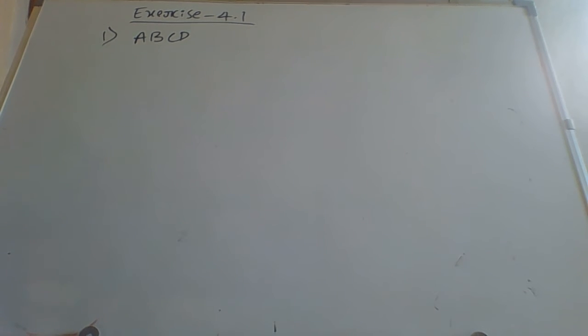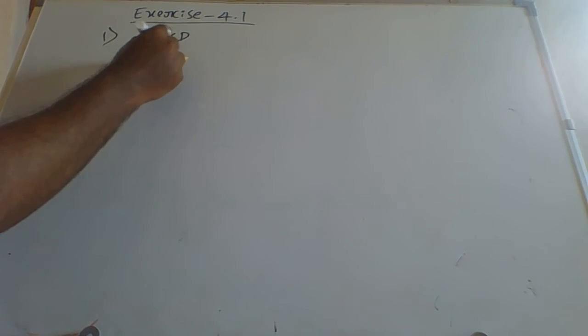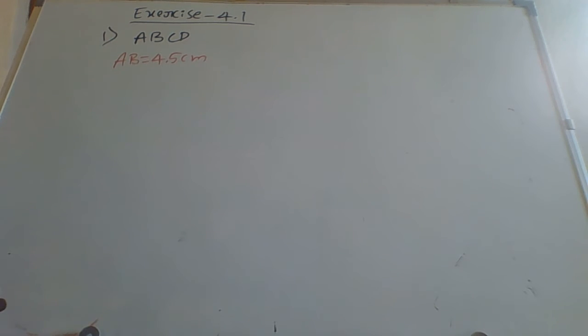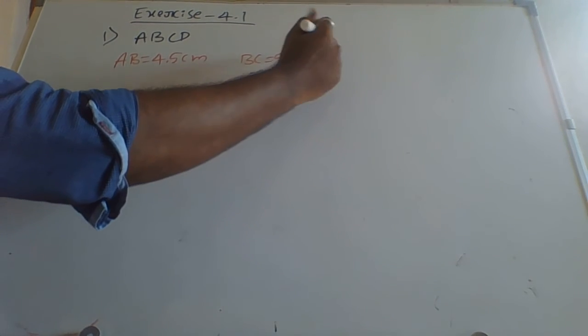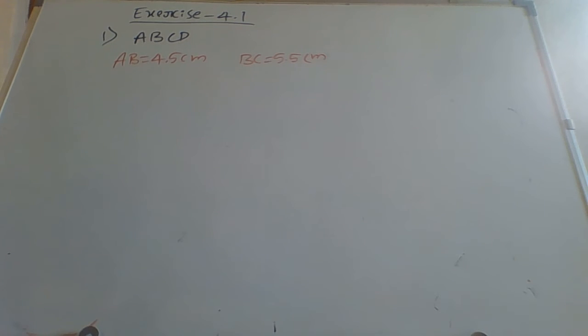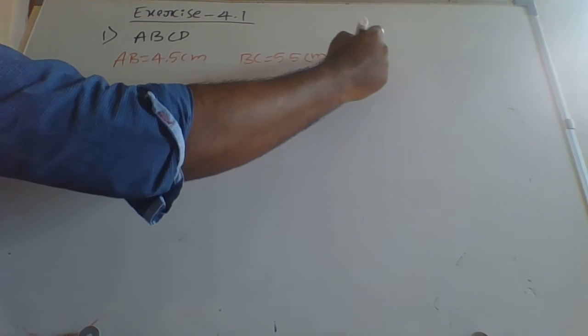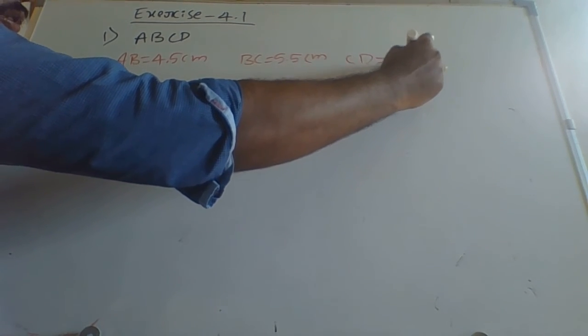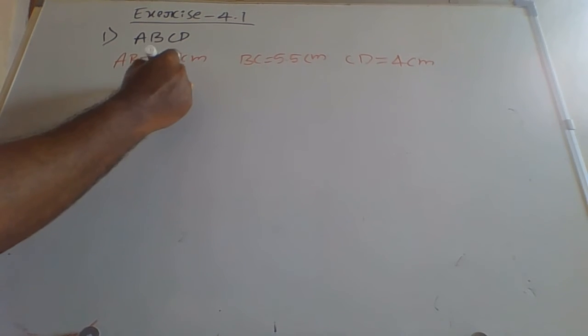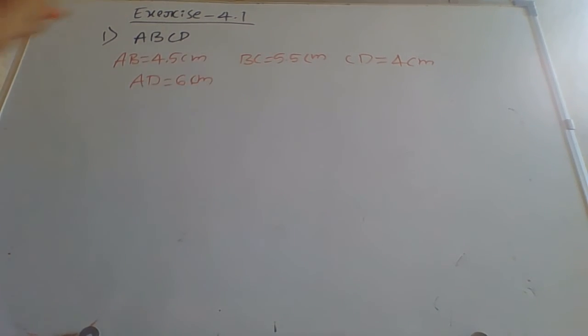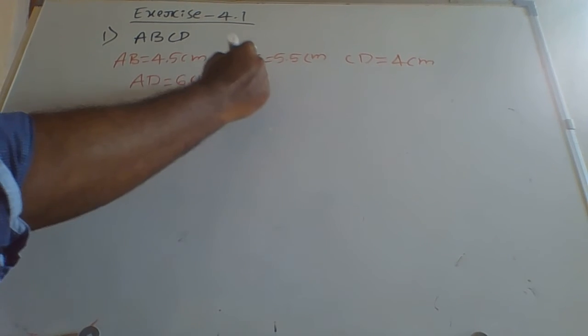AB is equal to 4.5 centimeters, BC is equal to 5.5 centimeters, CD is equal to 4 centimeters, AD is 6 centimeters, and AC is 7 centimeters.